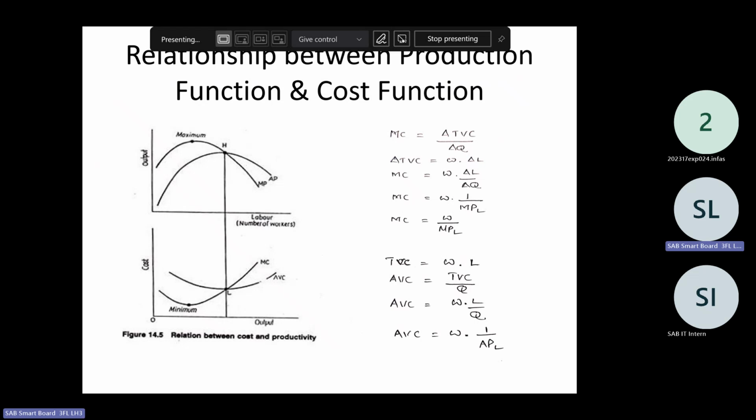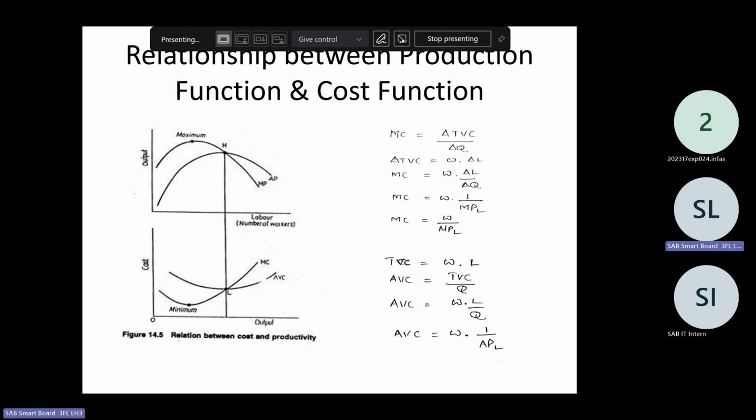Marginal productivity of labor means delta Q over delta L. So we can rewrite delta L over delta Q as 1 over MPL, where MPL is delta Q over delta L. That is the reciprocal of the marginal productivity, the inverse. The inverse of marginal productivity into the wage rate equals the marginal cost. This is the marginal productivity, this is the marginal cost.